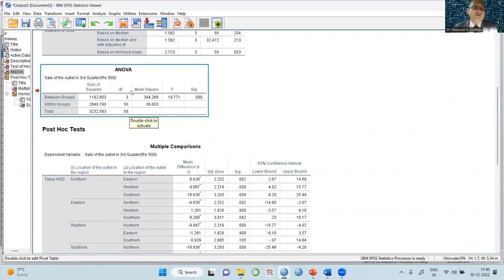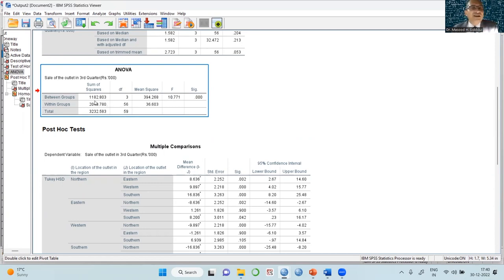Now we have four groups, four locations, but the degrees of freedom would be k minus 1. Why k minus 1? Because in the same way, the deviation of the mean from the grand mean would be 0, meaning summation i varies from 1 to k, xi minus x double bar equals 0. So that's why we will be having 3. And error is being calculated by subtracting: 59 minus 3 is 56.